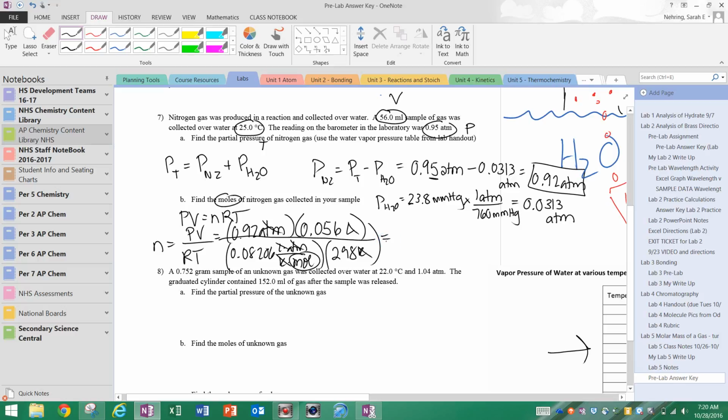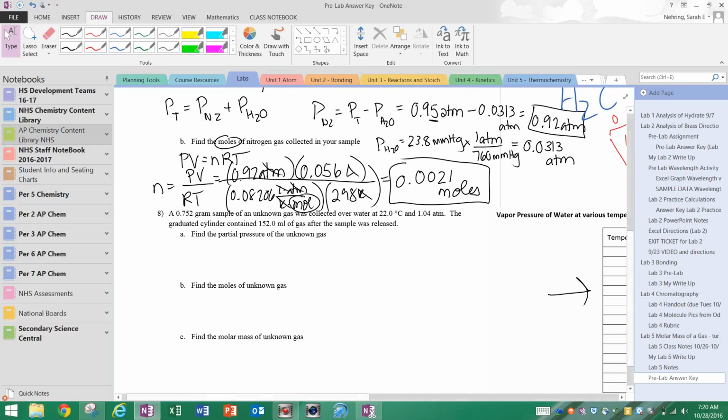So I'm going to take 0.92 times 0.056 divided by 0.08206 and 298, and that gives me 0.0021 moles, which is 2 sig figs. Looks correct. So that would be my calculation for number 7.